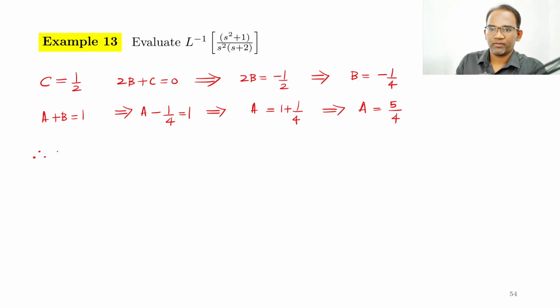That is a equal to 5 over 4. Therefore, we have L inverse of (s square plus 1) over s square times (s plus 2).